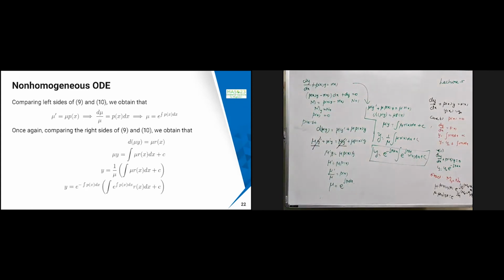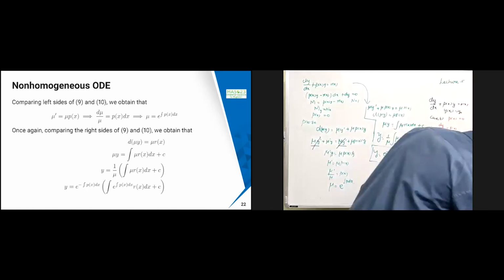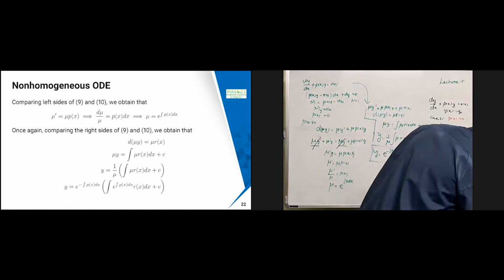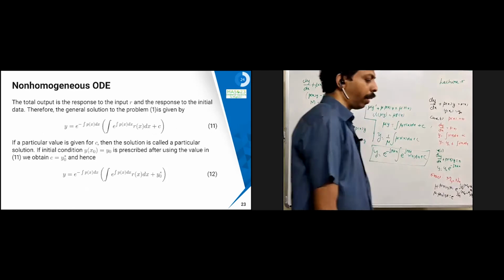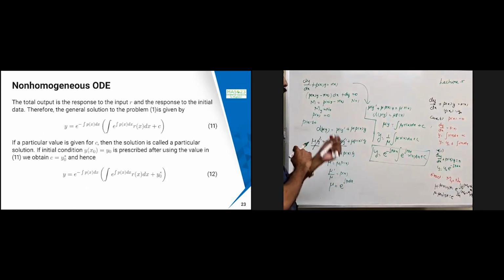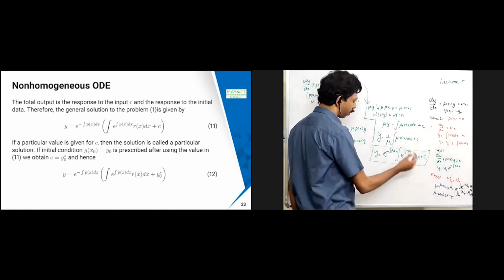Now, if we have initial conditions given, then you can just substitute over here and evaluate that. Therefore, you are going to get some constant over there, which I can call y naught star.